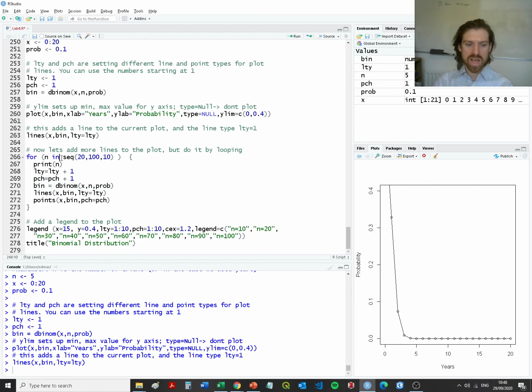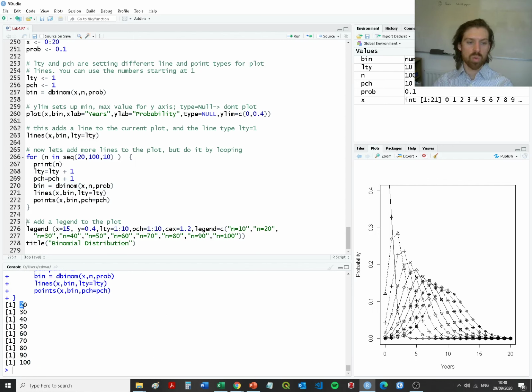So if I run this now, you'll see that we're printing out all of those values for the sequence 20, 30, 40, 50, 60 to the console. And then what you can see is also we're plotting how the distribution changes over here on the right hand side. So this is how the probability changes as you increase the number of trials.